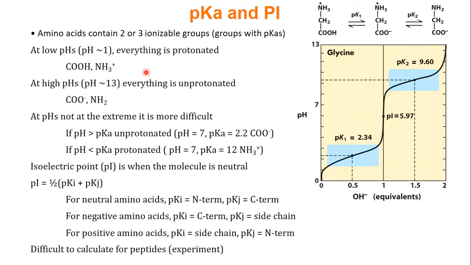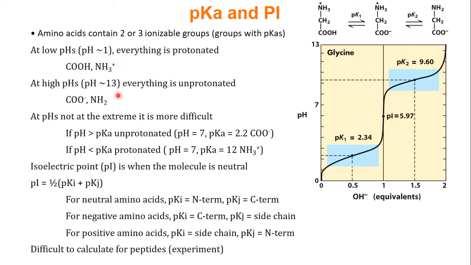We're in a very acidic condition. If you're very acidic, that means you have a lot of H3O plus around. Therefore, everything is protonated, and your backbone C double bond O groups would actually be COOH in neutral, and your NH3 groups will be positively charged.